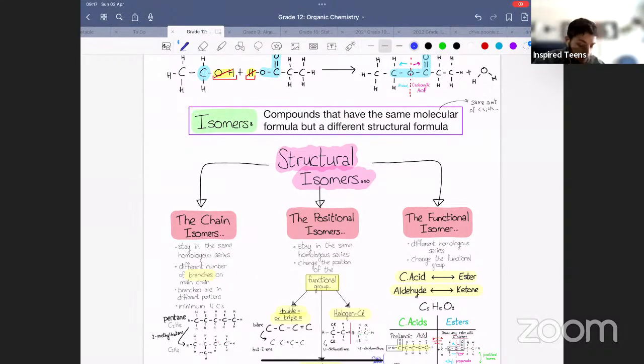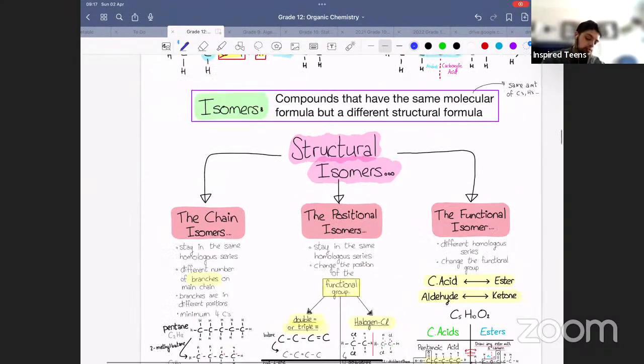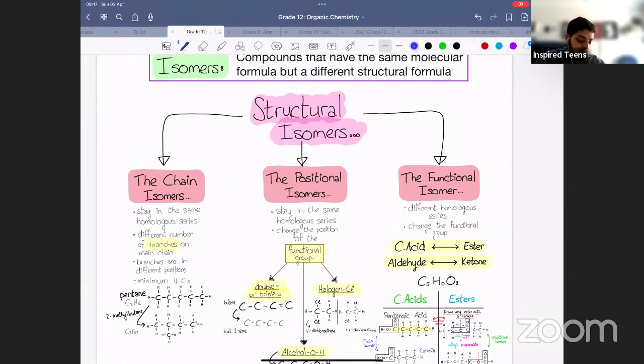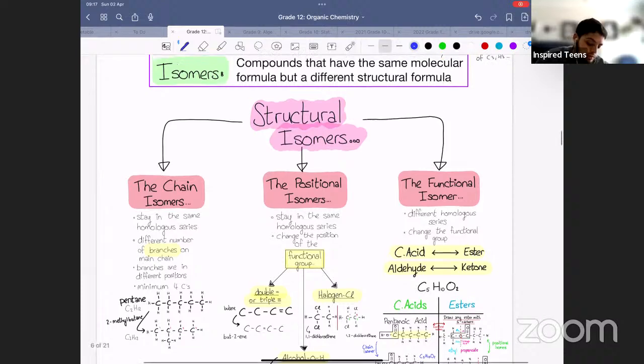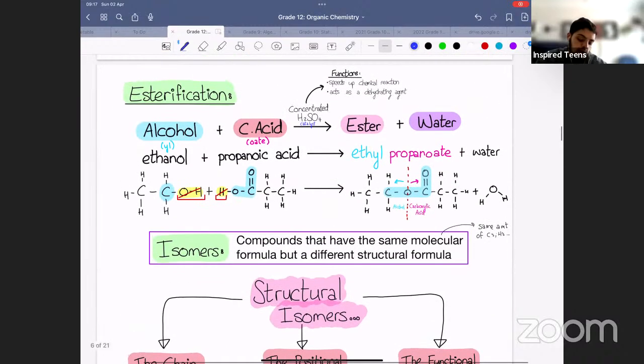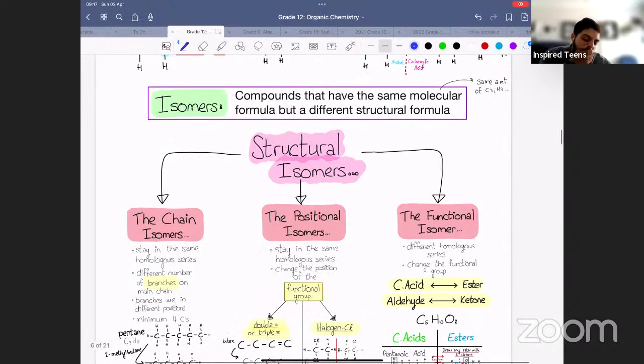So for example, if they asked you to define a chain isomer, you would say compounds that have the same molecular formula but a different structural formula.